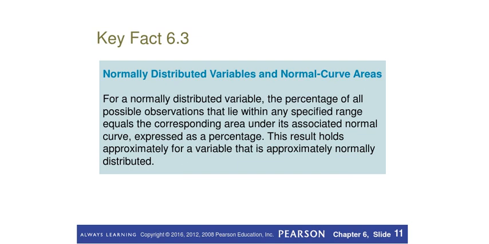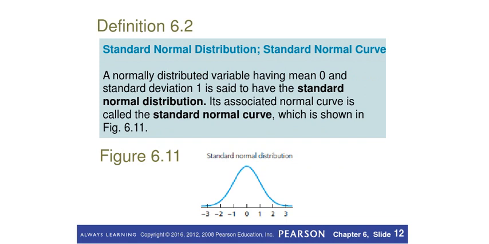So for any normally distributed variable, the percentage of all the possible observations that lie within a specified range equals the corresponding area under the normal curve, and we express that as a percentage. This result holds approximately for a variable that is approximately normally distributed, right? So if we could find a variable that is normally distributed, we're actually really, really good. Now, let's take it one step further.